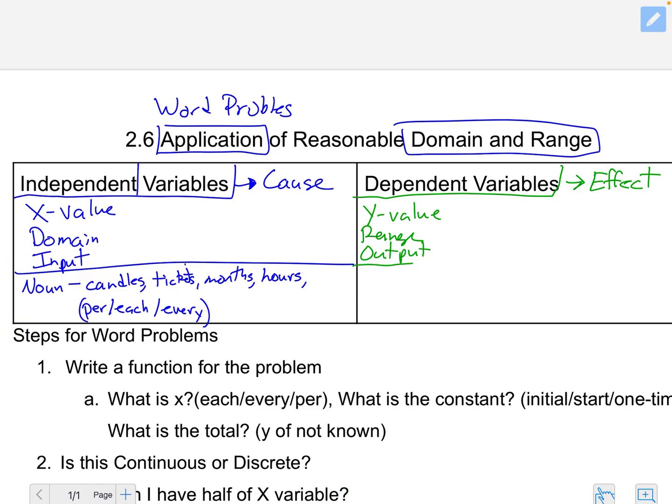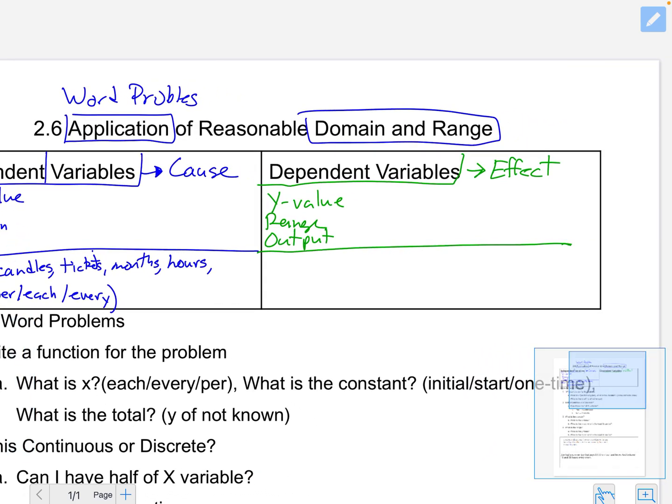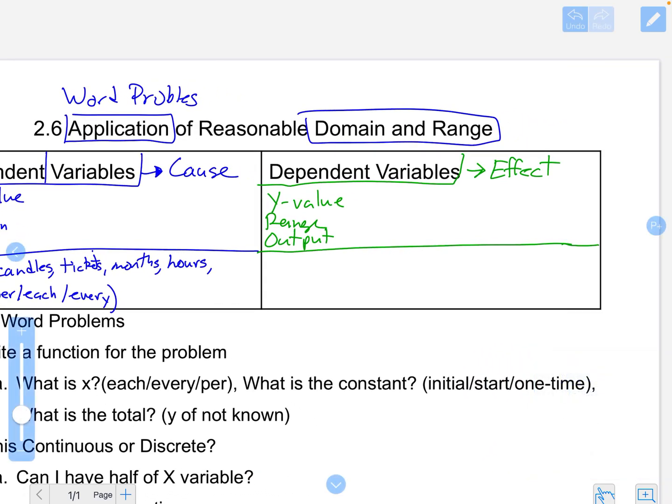What that means is when we're looking at word problems, our dependent variable is going to be: if they bought 8 tickets, how much did they pay? If they went to the gym for 3 months, how much did it cost them? If they worked 70 hours, how much did they make? If they purchased 7 candles, how much money did they earn? And so when we look at dependent variables, they are always going to be our totals.